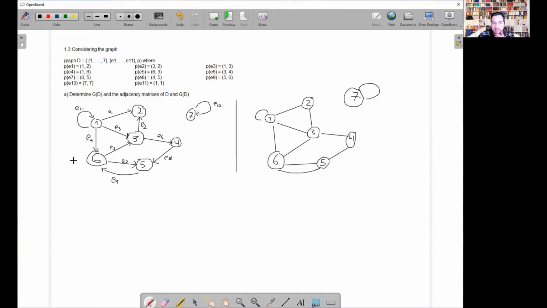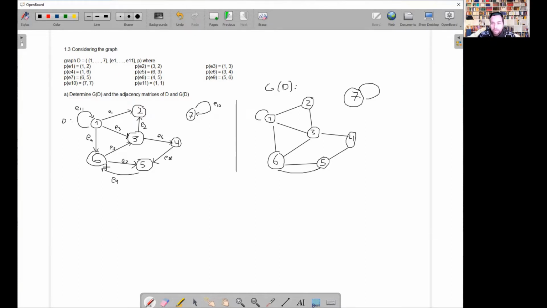So this is the non-directed version of this graph.